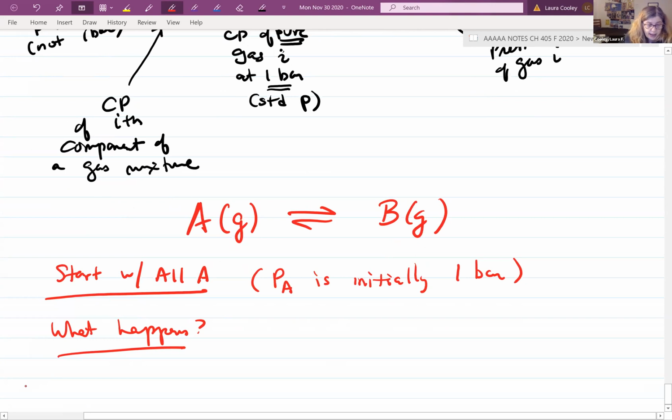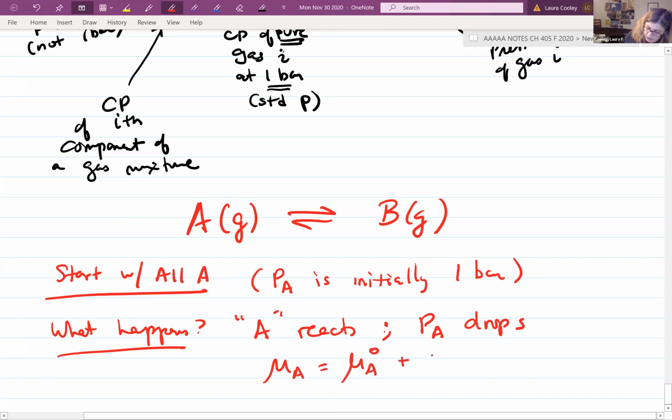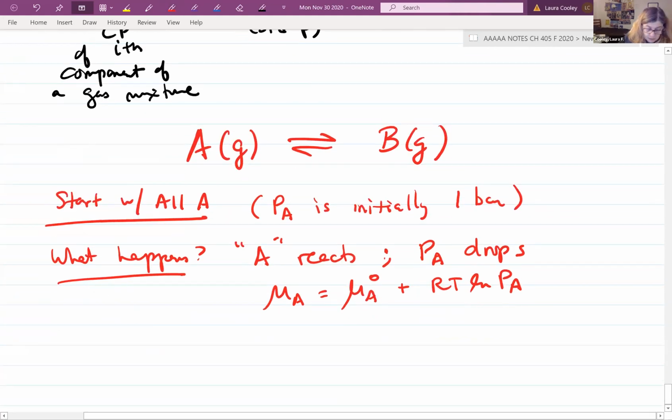Well, A is going to react away. So A reacts. The partial pressure of A will drop. So mu A is mu A 0 plus RT log of PA. This started out at 1 bar, but it drops from 1 bar.